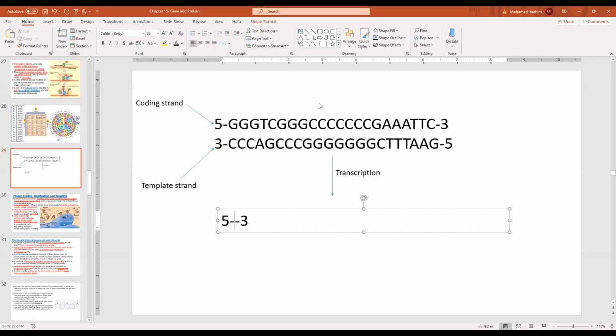Now, RNA polymerase is going to recognize this and start making the complementary. So what will be the first nucleotide? G. 3 Gs. And then A, what is the complementary of A?